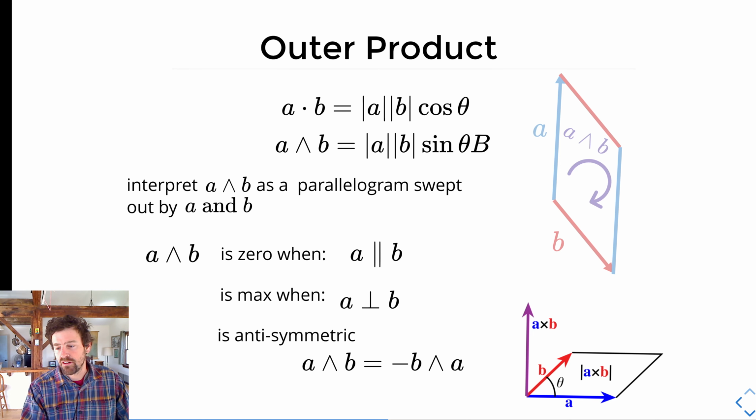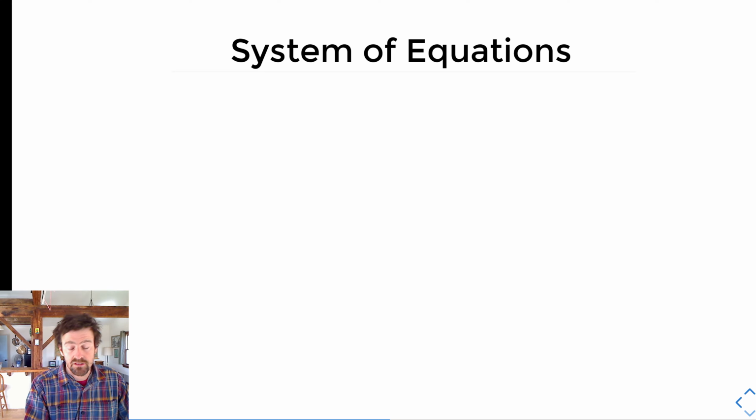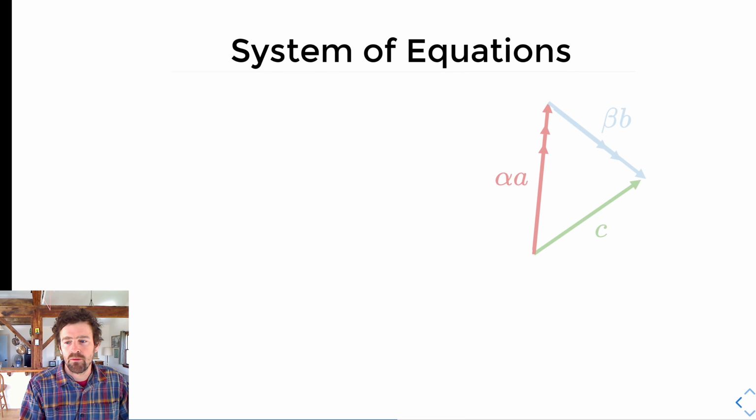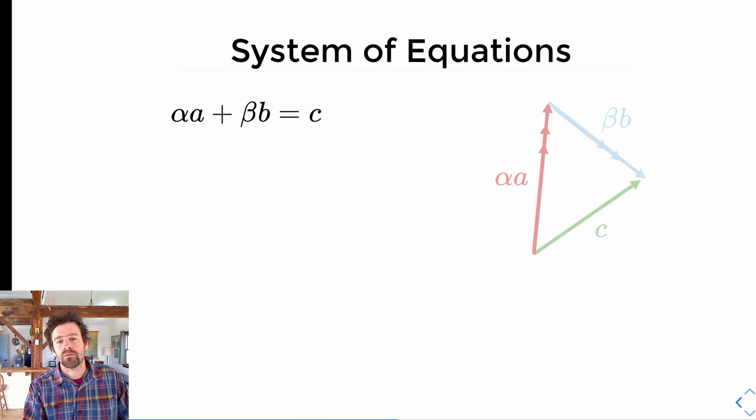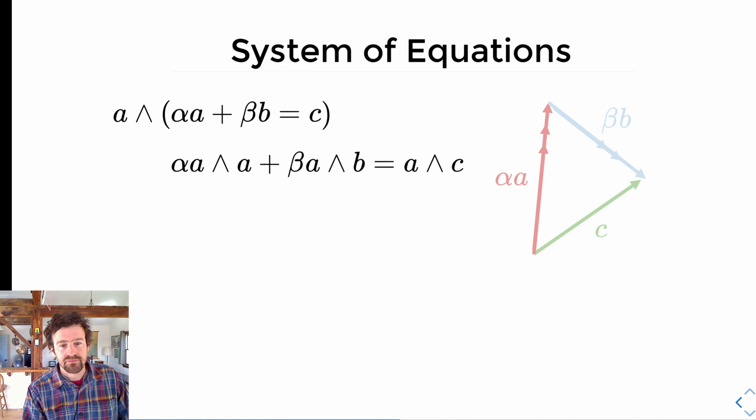Now this probably jogs your memory of the cross product, which is the outer product in 3 dimensions. Let's go immediately to an application so we can see how we would use this. Here we have a system of equations: there's some vector C, and we want to express that in terms of the vectors A and B, and we're trying to determine the amounts, the scalar multiples alpha and beta.